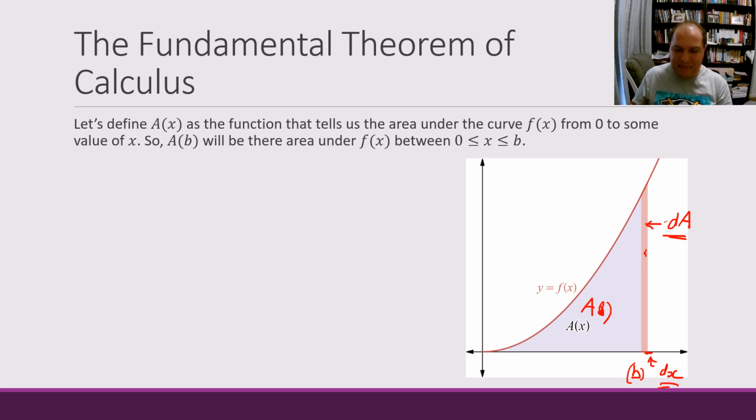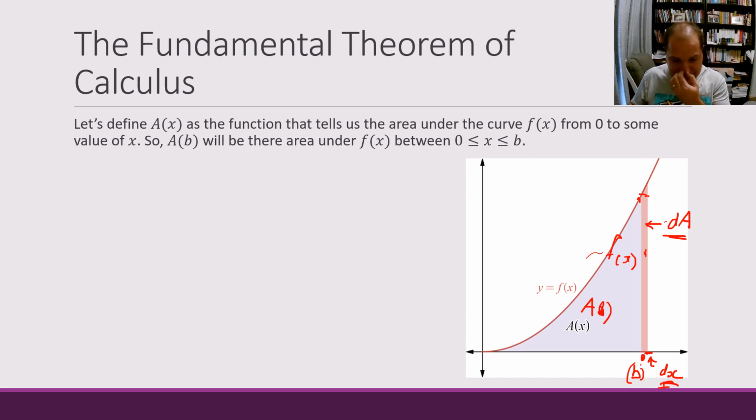Well, dA is approximately a rectangle, and if dA gets smaller and smaller, I've made it reasonably big here, this red patch, but if I made that small area smaller and smaller, it would look more and more like a rectangle. So a rectangle is a good way to approximate this. We've got this rectangle for dA, its width is dx, and its height here is f of x, this x value we've got here.